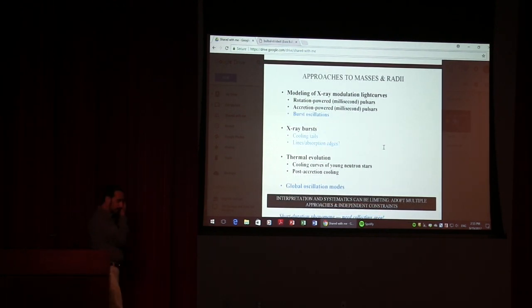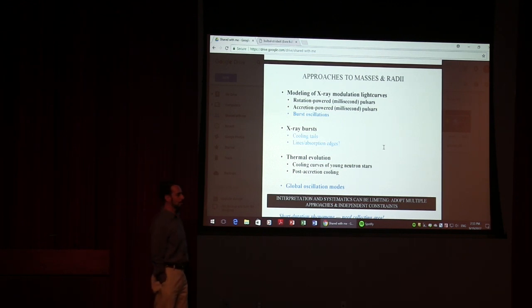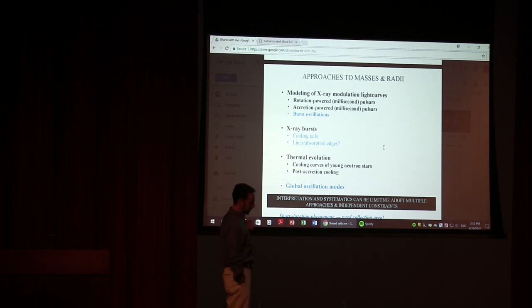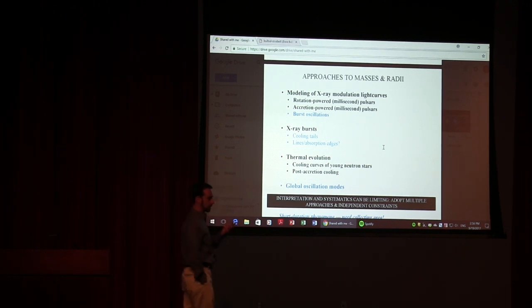So what are some of the approaches at our disposal? We have the possibility of modeling X-ray light curves. This was brought up also this morning in the context of treating traditional X-ray pulsars and high-mass X-ray light curves. We can apply that same technique to multiple different classes of modulations that arise due to the rotation of neutron stars.